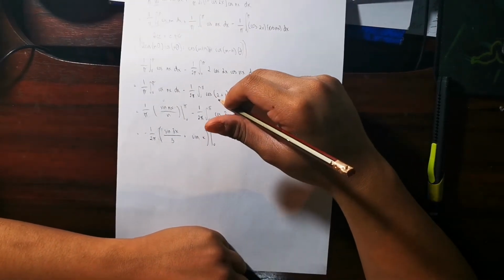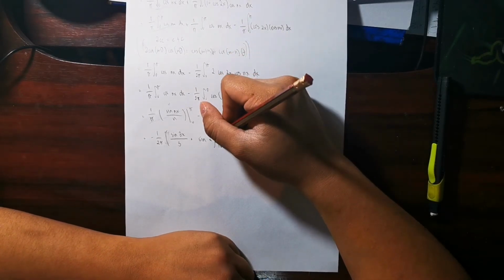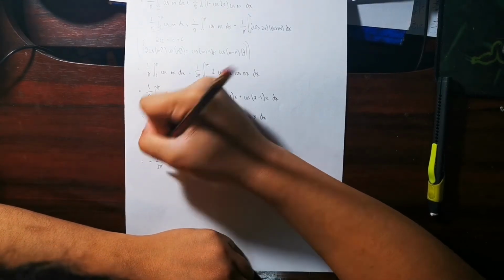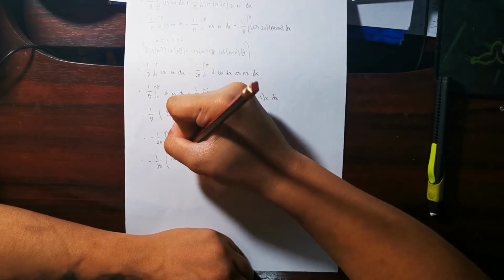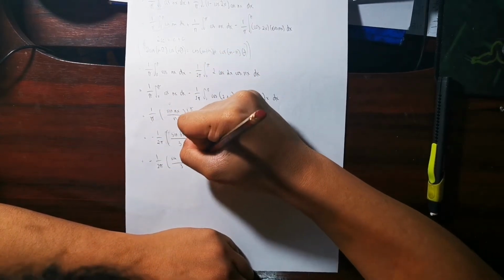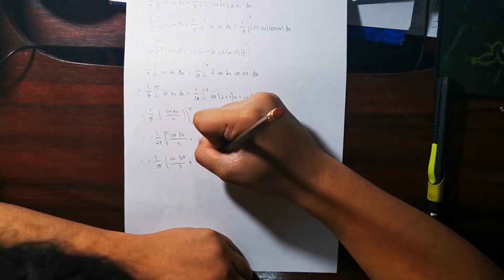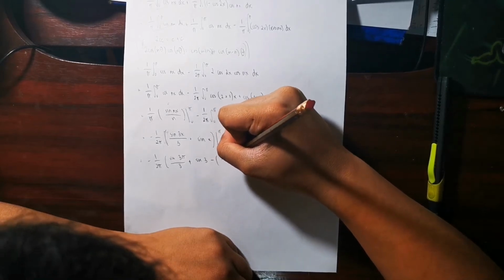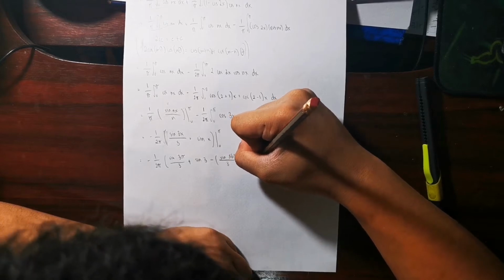Okay. So now we have to substitute the value for this one. So negative 1 over 2 pi times sine 3 pi over 3 plus sine pi, minus sine 3 times 0 over 3 plus sine 0.